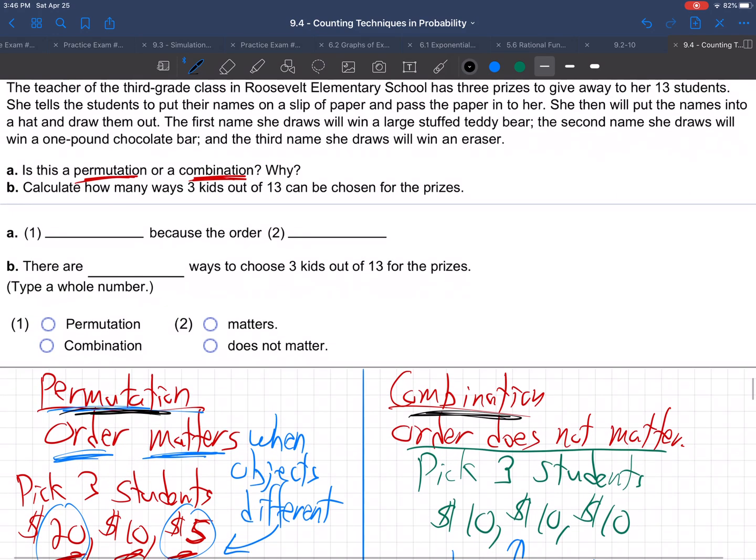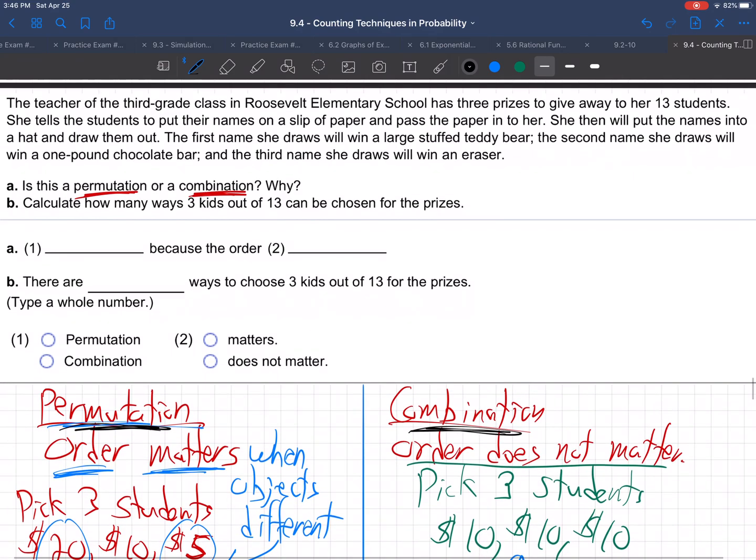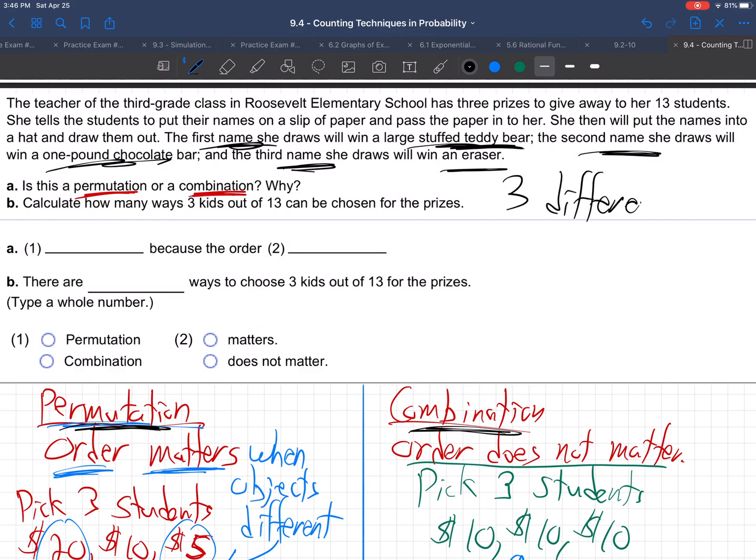All right, so getting back up to this problem then. She's drawing, the first name gets a large bear. The second name gets the chocolate bar. That's what I'd want. The third name, the eraser. So the 3 prizes are different, aren't they? So does the order matter? If you get first pick or third pick, does it matter?